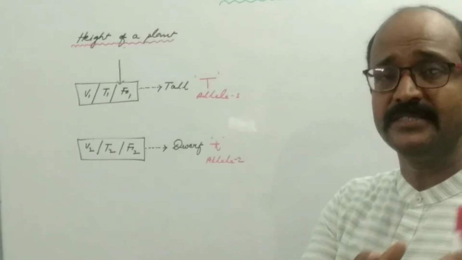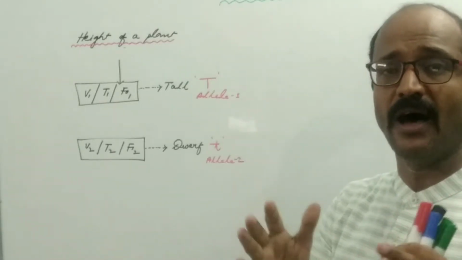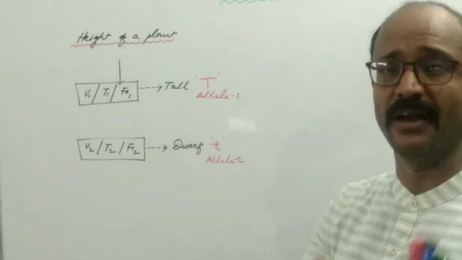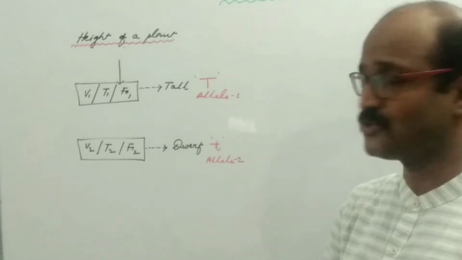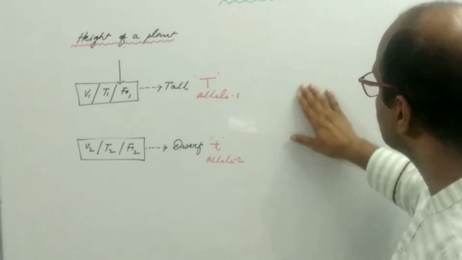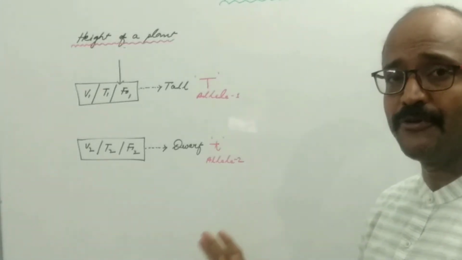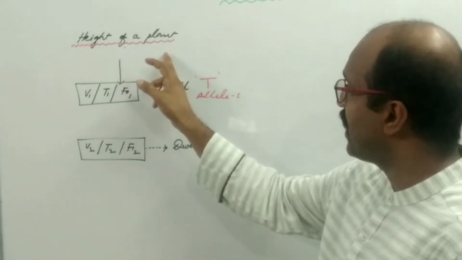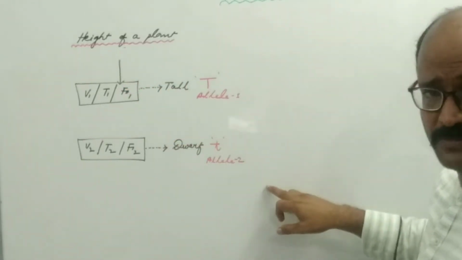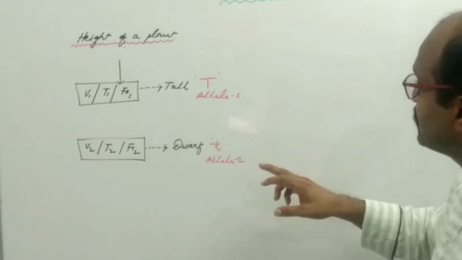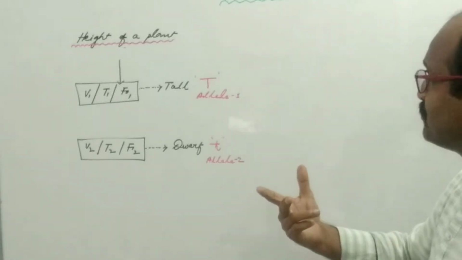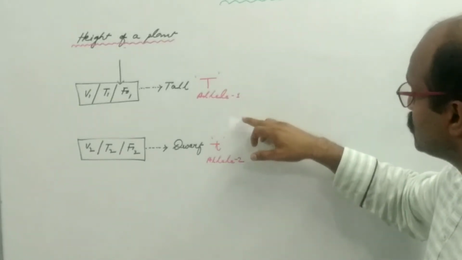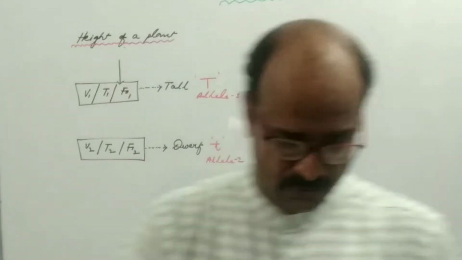The inheritance of multiple alleles is unique, that's why we are going to study it here with a different example. Suppose the height of a plant has two forms, and another two more forms are present: allele 1, 2, 3 and 4.